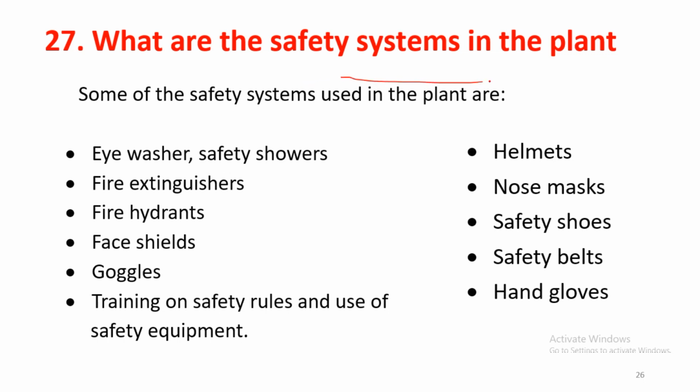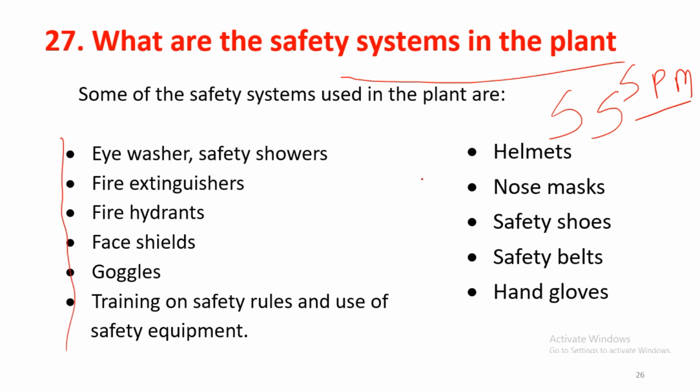What are the safety systems in the plant? Whenever we are entering a plant or a production unit, we have to adhere to some safety systems or safety precaution measures. These are important because this is very general. Whenever we are entering there, we need to learn, and our senior will ask what the safety precautions are.